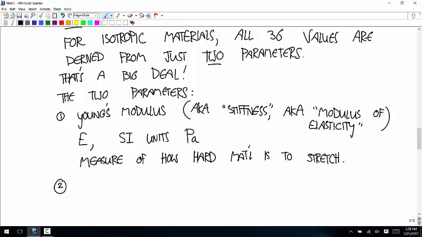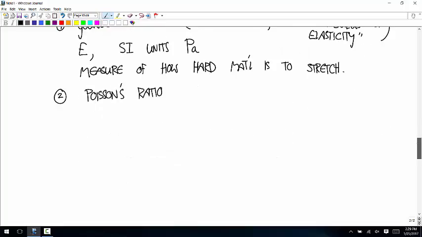And then the second is Poisson's ratio. It doesn't have any other nicknames. That's denoted by the Greek letter nu. It's unitless.